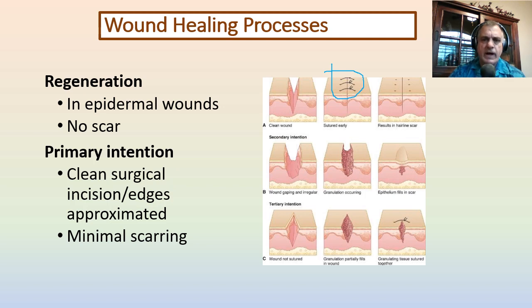It's just a fine incision line. And then we have primary intention types of wounds and the healing process. If it's a surgical wound, it can be approximated, or pulled together, is what we call that. And they pull the edges together, and it also helps to reduce scarring when they do that.